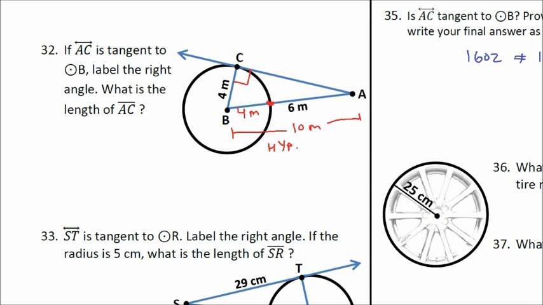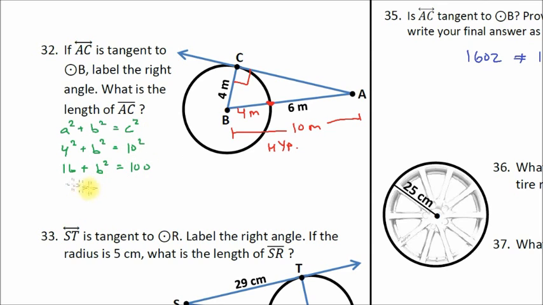So now we can use Pythagorean theorem to find the length of AC. A squared plus B squared equals C squared. Remember, class, the C squared is always the hypotenuse. We know what that is. That's 10. One of our legs is 4, and B, the other leg, is what we don't know. 4 squared is 16. 10 squared is 100.